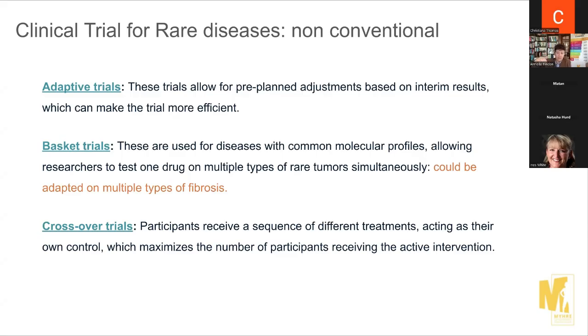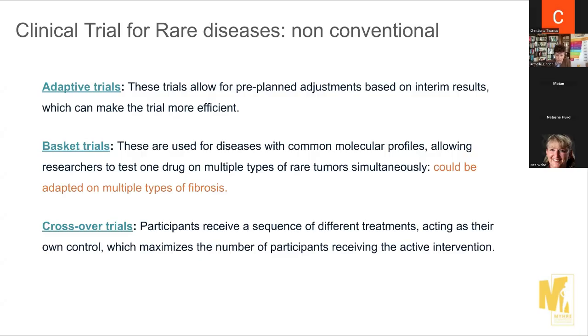I'm going to add another treatment on top of it. You can imagine a lot of different adjustments that you can do, but you still have to plan them in advance and propose them to the FDA. So that's a way to be more efficient for rare disease. That's the liberty we have to adapt the trials.